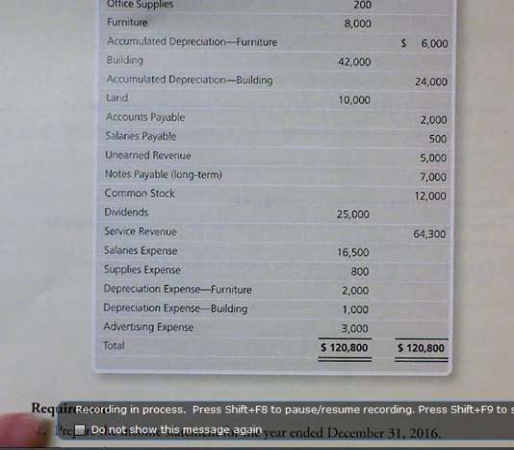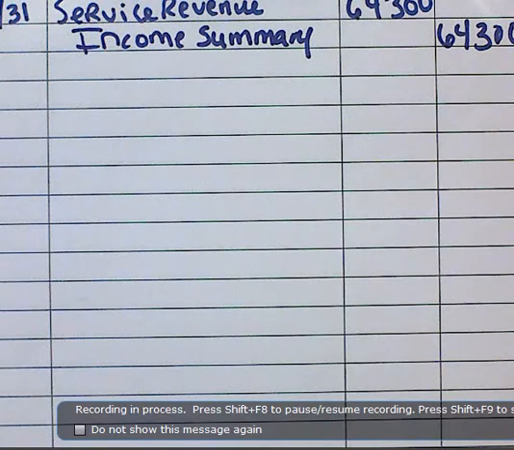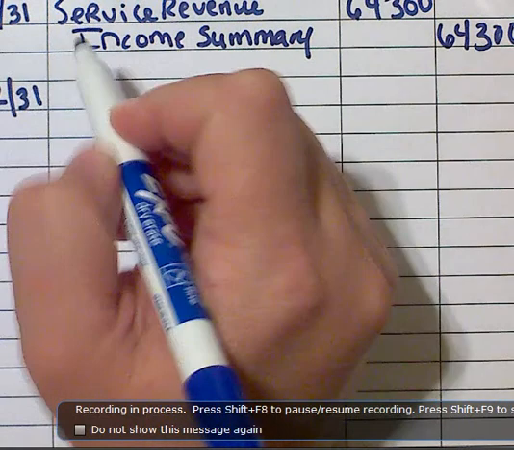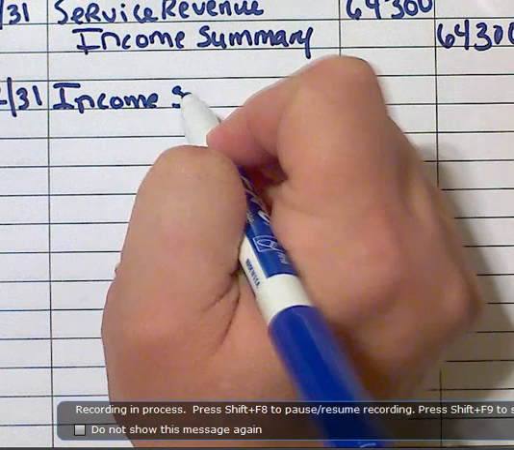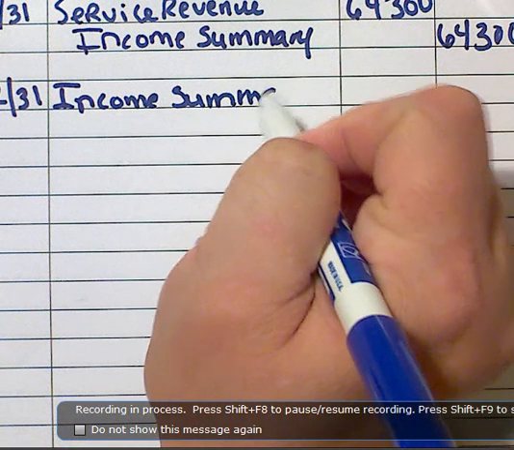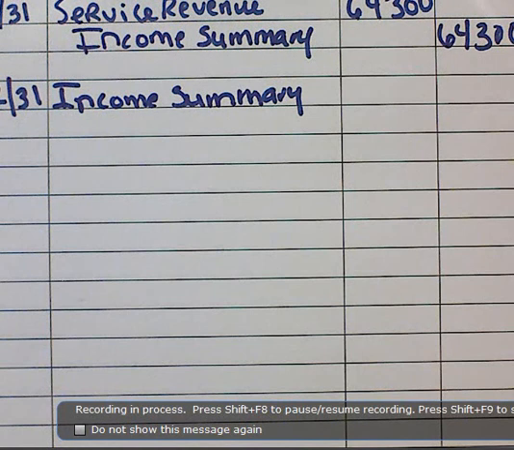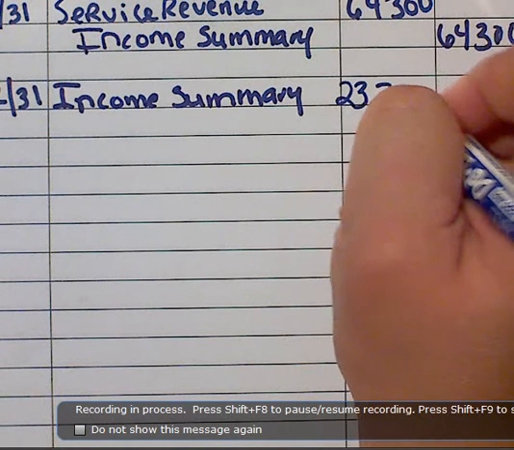Okay, and I'm going to close them out by debiting income summary. So on 12/31, I'm going to debit income summary for my total expenses. So if I were to add up my total expenses in this problem, they would equal $23,300.